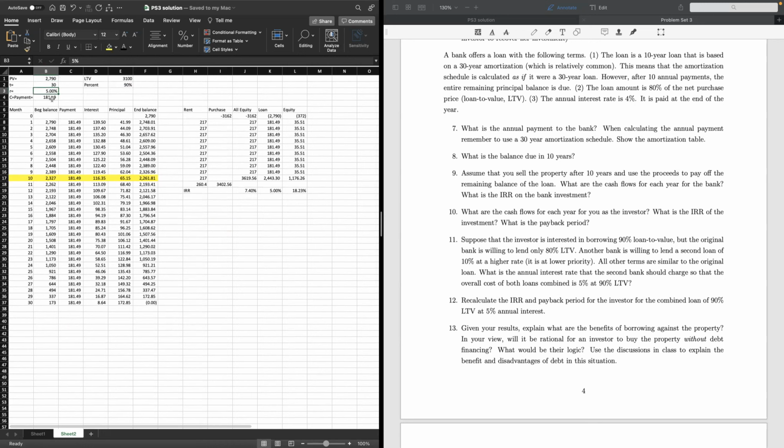Interest rate increases from 4% to 5%. Your annual payment increases due to the difference, so it becomes around 181.5 thousand. This is the amortization table, just following what we got in class.